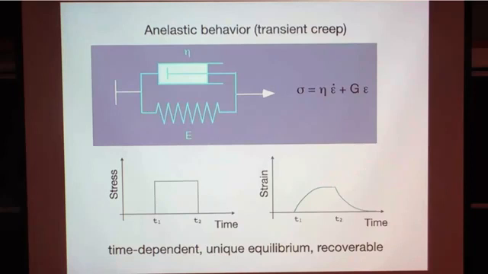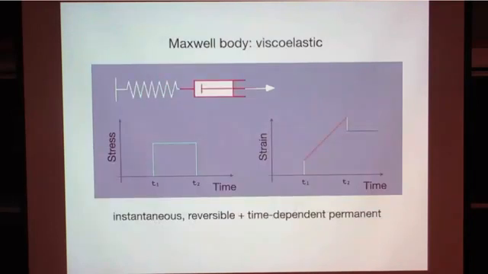And if you step off, if you relax the stress back to zero, you get all of your strain back if you wait long enough, because the spring will just push it out. Whereas the Maxwell body, once you have imposed a viscous strain, there's no restoring force.